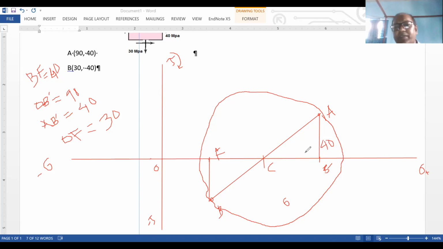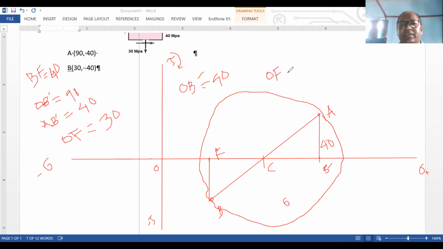Or you can figure it out this way. We know the OB, right? What is the OB prime? OB prime equal to how much? The x coordinate of point B, 90. Then you figure out OF.